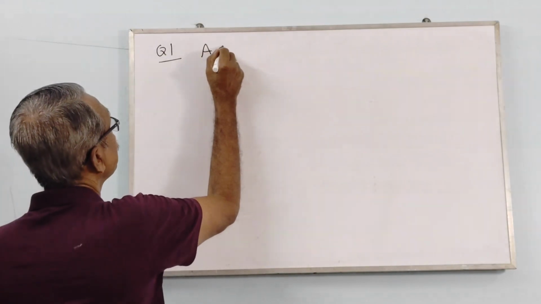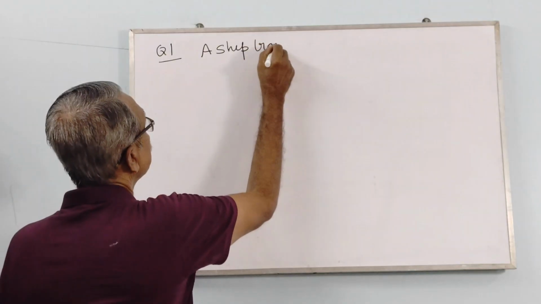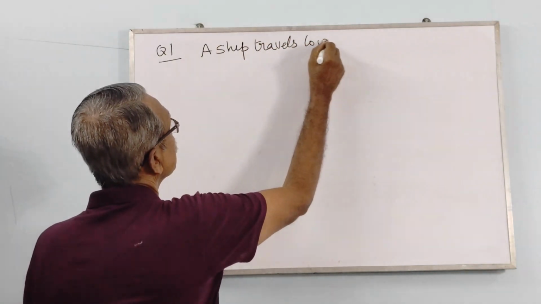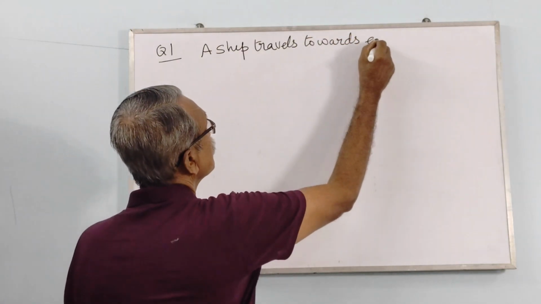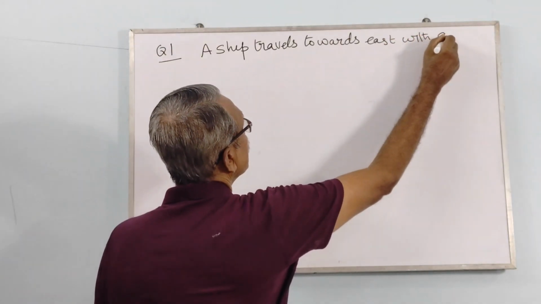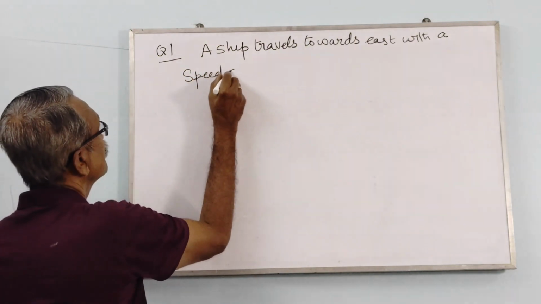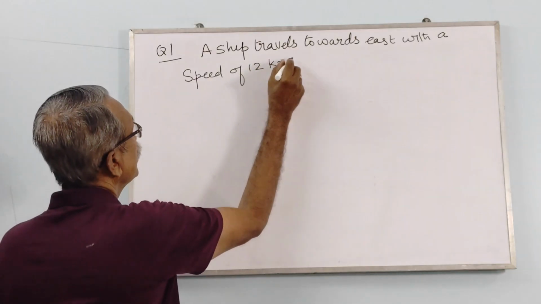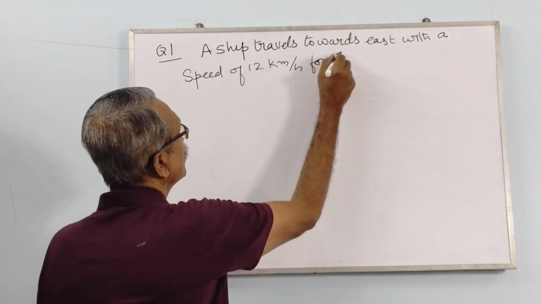A ship travels towards east with a speed of 12 kilometer per hour for 1 hour.